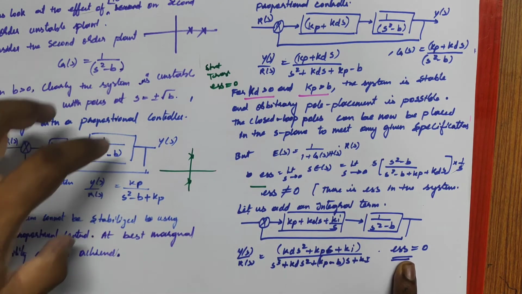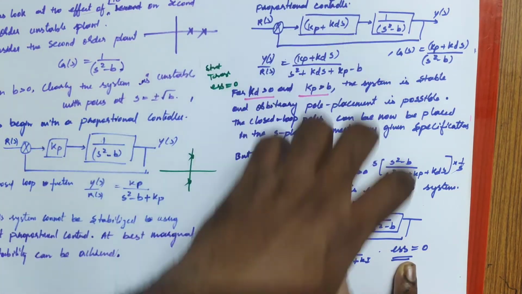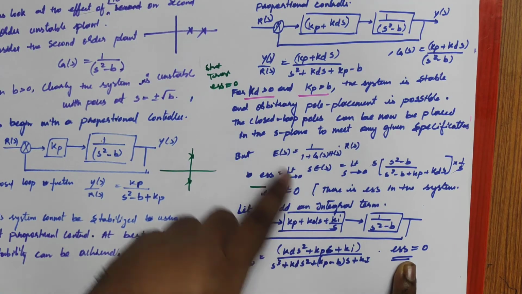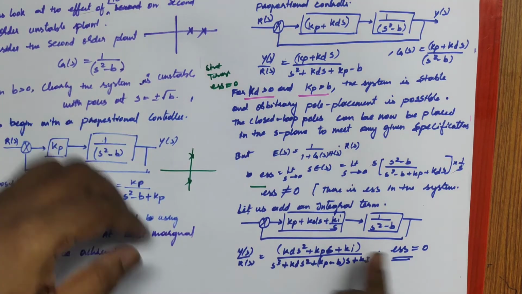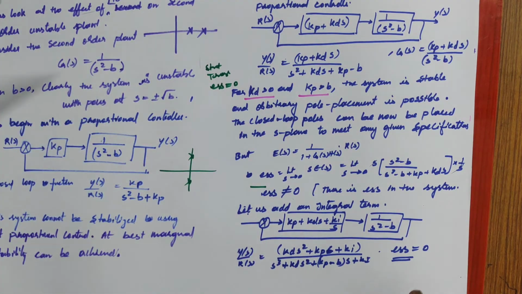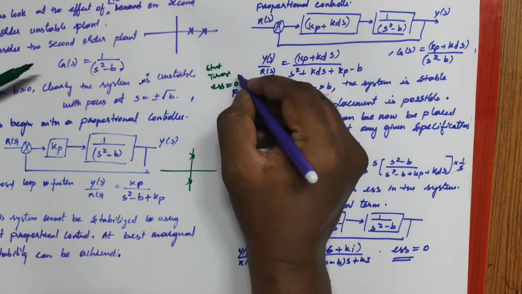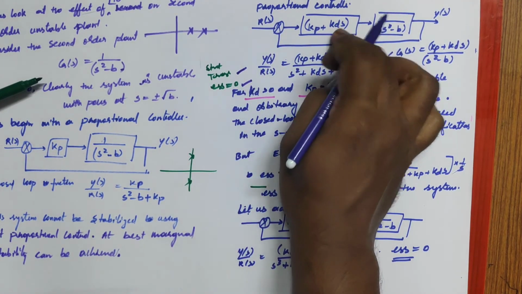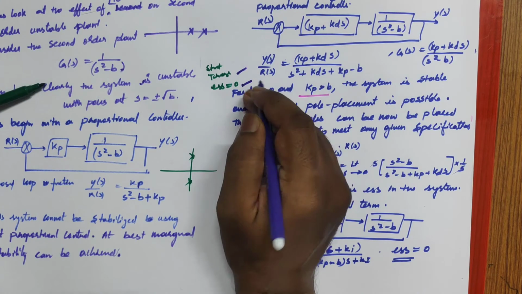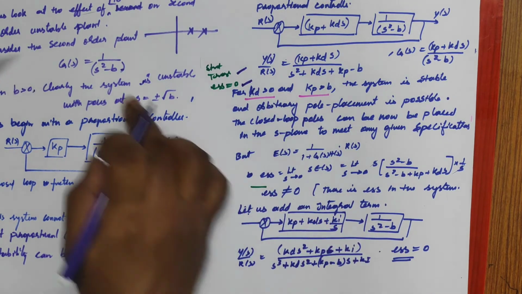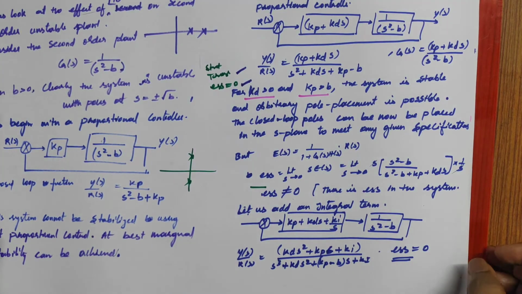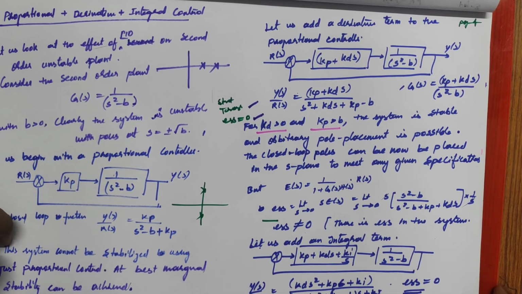That means for a completely unstable system, we can achieve stability, the transient by adding derivative, and steady state error equal to 0 by adding integral. Okay, so this is about the PI, PD, PID controller.